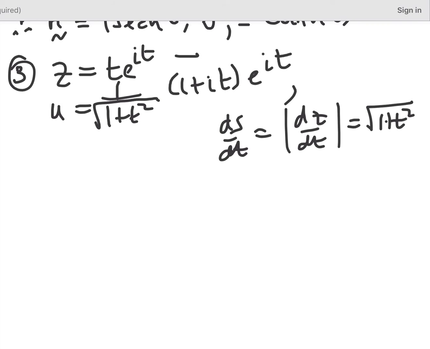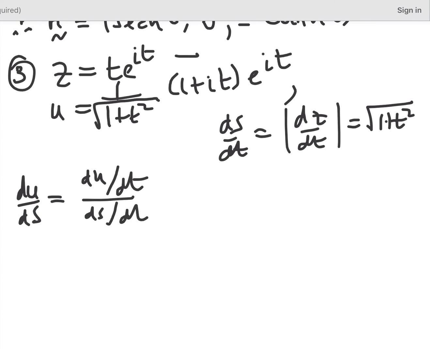So if you wanted the equivalent curvature, you'd have to compute du ds, etc. So du ds would be, by the chain rule, first of all, du dt, over ds dt. Du dt: take your function u and differentiate it with respect to t in whatever form you're going to do.